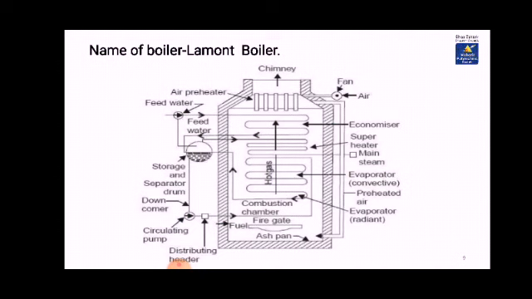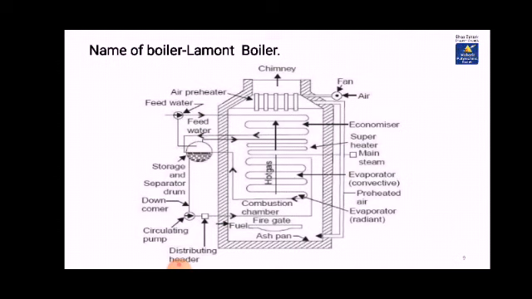Now, with the help of these hot gases which are released to the atmosphere, before releasing them we utilize their energy. So we use an economizer in this boiler. The feed water which we have to give to the evaporator is first heated with the help of these hot gases.